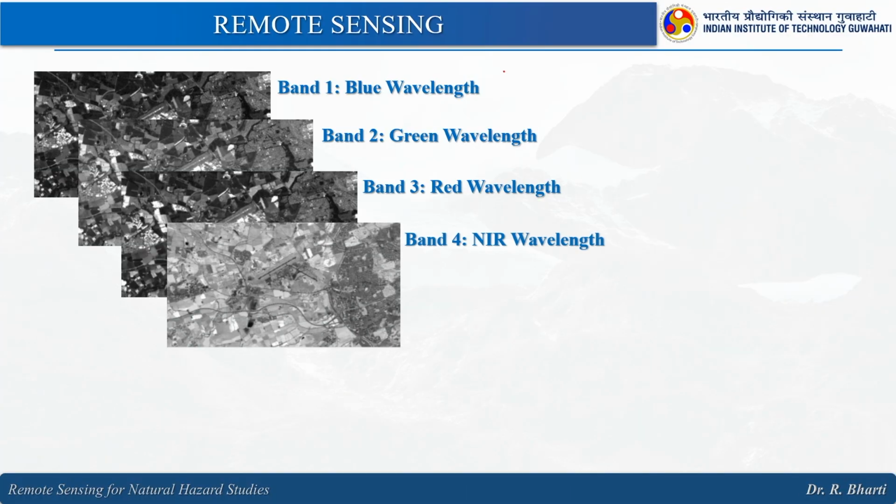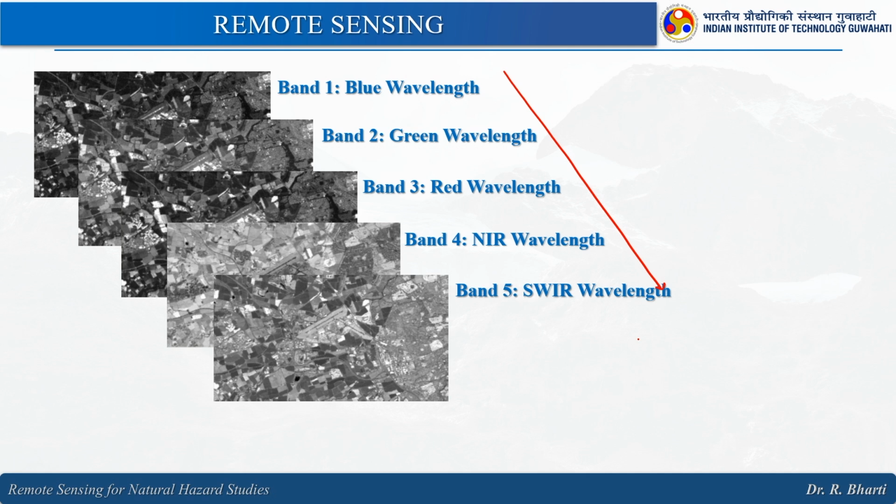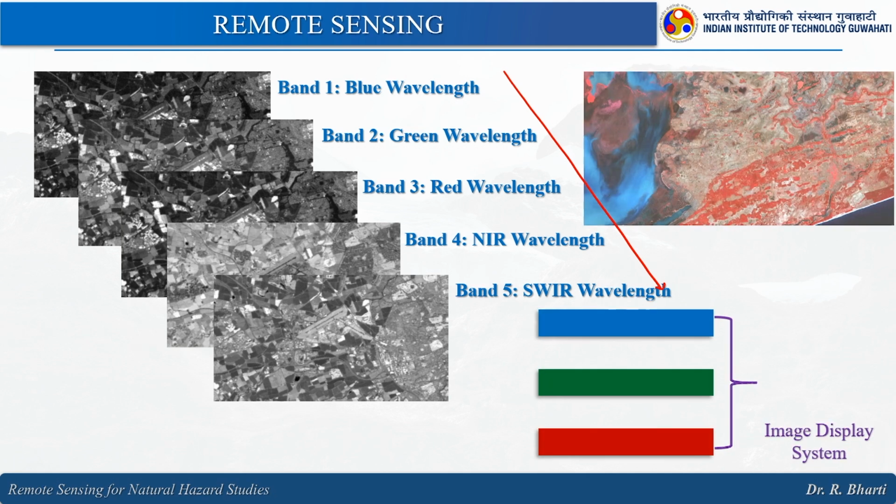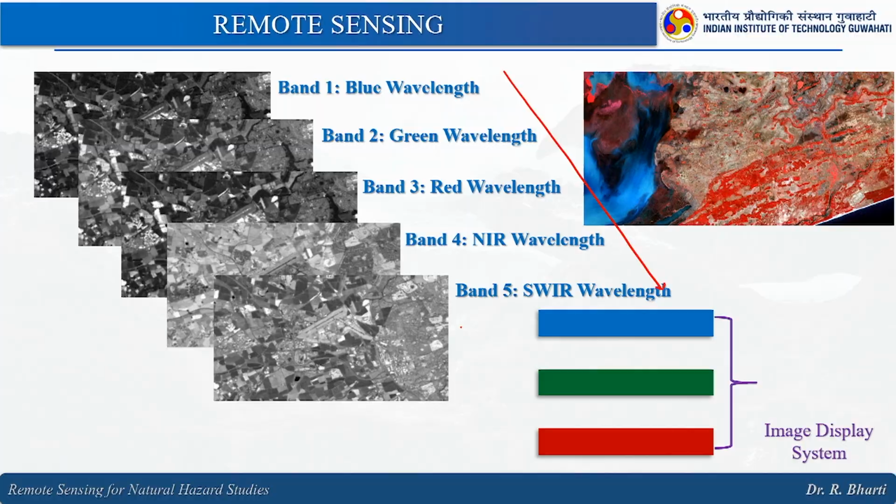So this particular slide will tell you how you can visualize the images, because our mobile phone images are only RGB, 3 bands combined together so that we can see the images in true color. So green appears as green, red appears as red, blue appears as blue. But in remote sensing images, you have this flexibility.